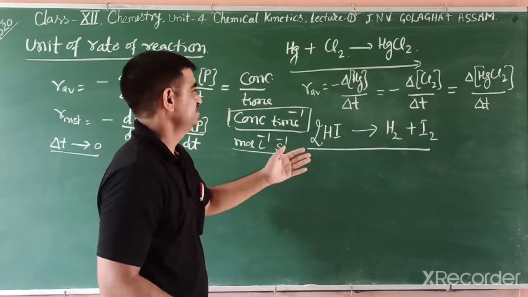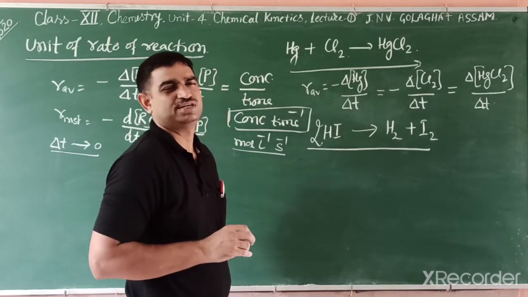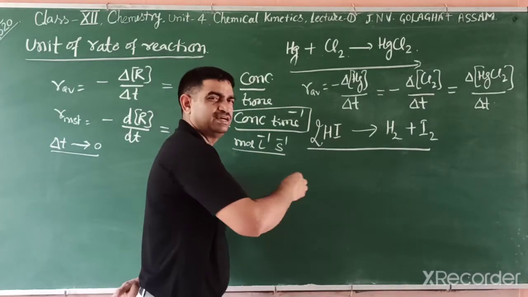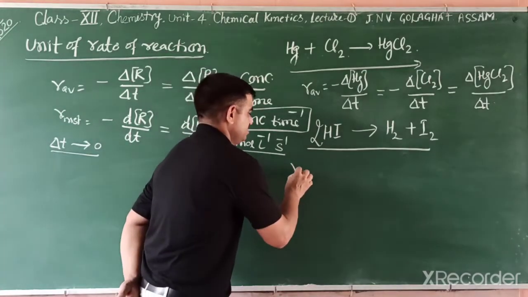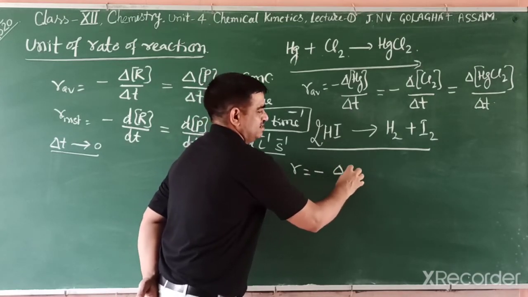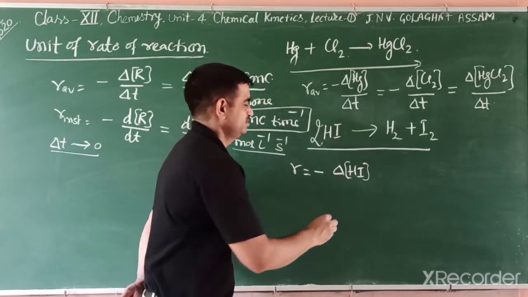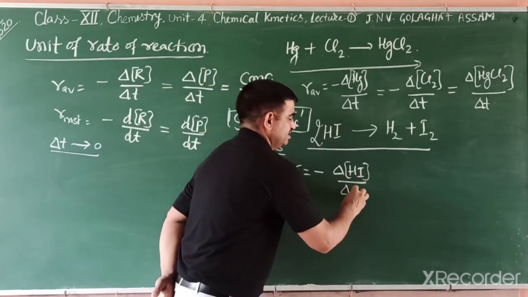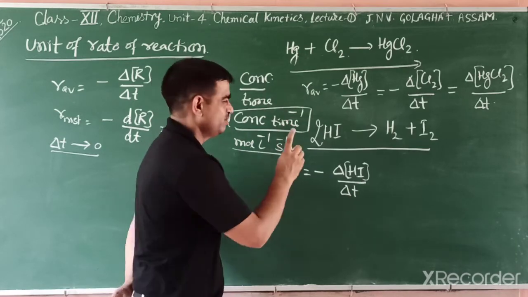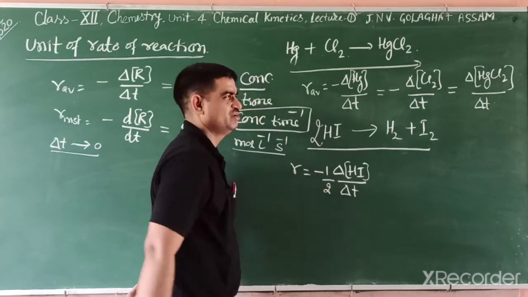So we can write in this way, we divide by their respective stoichiometric coefficient to make the rate of reaction equal. So we write R is equal to minus delta [HI], the concentration of reactant, divided by delta t, but it is divided by the stoichiometric coefficient, 1/2. Why is it divided?